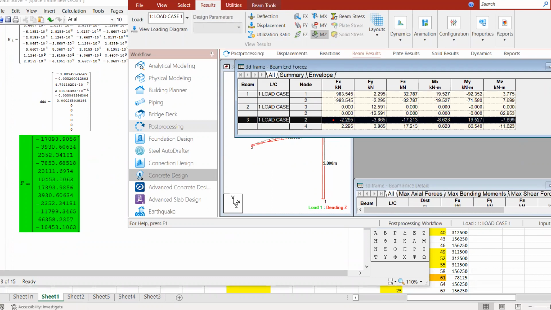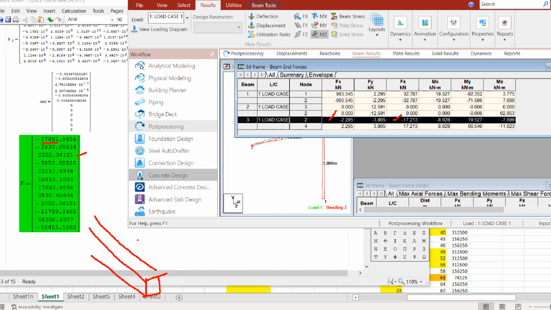We have an Fx of 2.3, this one, right? Remember, this is member 3. And 17893, so that is 17.9.